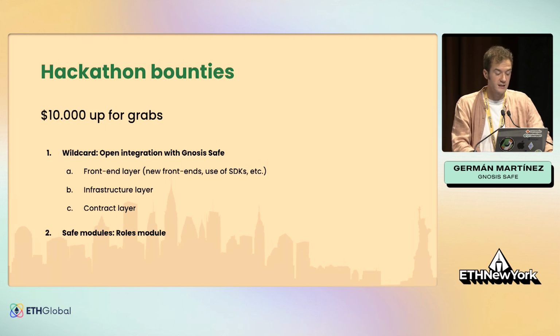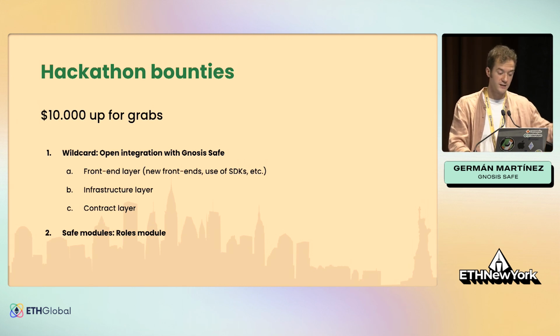The first bounty is a wildcard, like any integration with the Gnosis Safe on different layers: on the front end, infra, or contract layer. In the front end, you could create a new front end, use our SDKs, like the SafeCore SDK, if you are building an app that runs standalone and separated from our app, or the Safe Apps SDK, if you want to build a Safe app that runs inside our Safe Apps store.